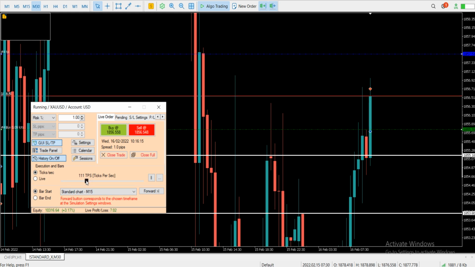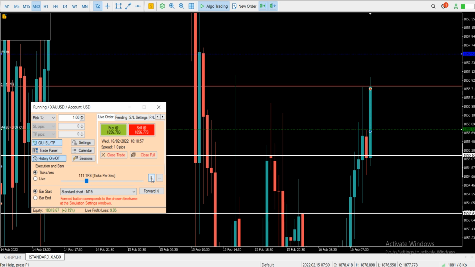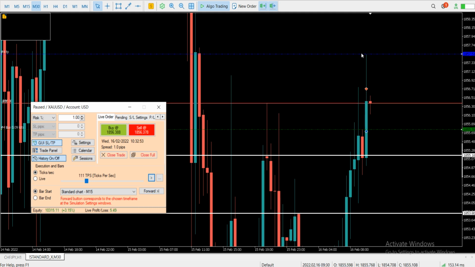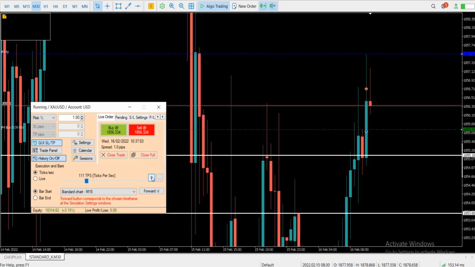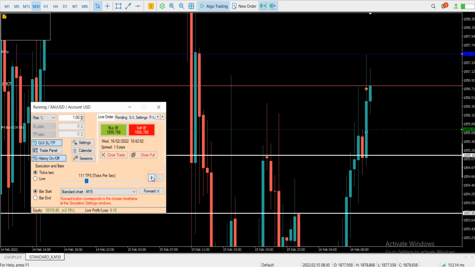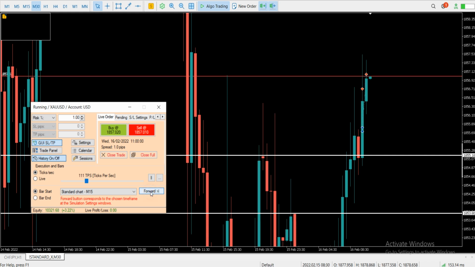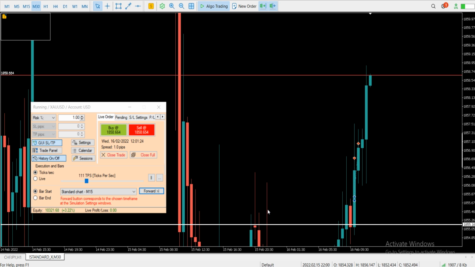Speed it up a little bit. Forward. Oh, we almost tapped the target, but you know, okay, I think now we are going to, okay, I'm going to close full here, no need to forward.